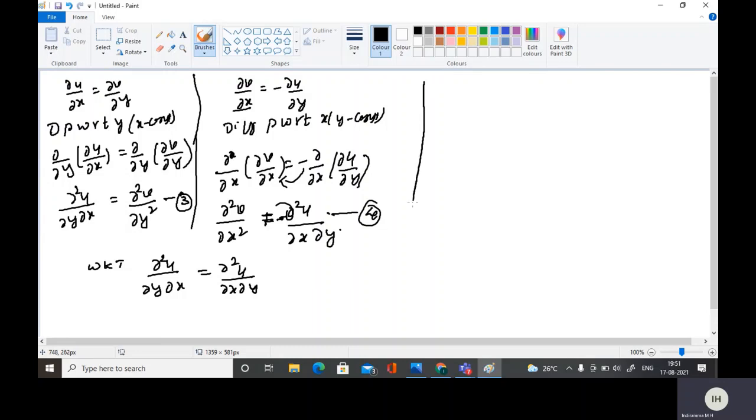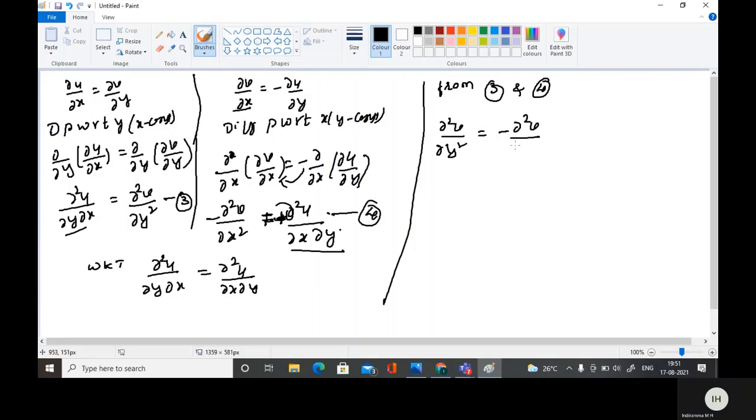Therefore, from 3 and 4, the LHS of equation 3 is the same as the RHS of equation 4, so we can equate these two. Taking this minus to the LHS, from equations 3 and 4, ∂²v/∂y² is equal to minus ∂²v/∂x².